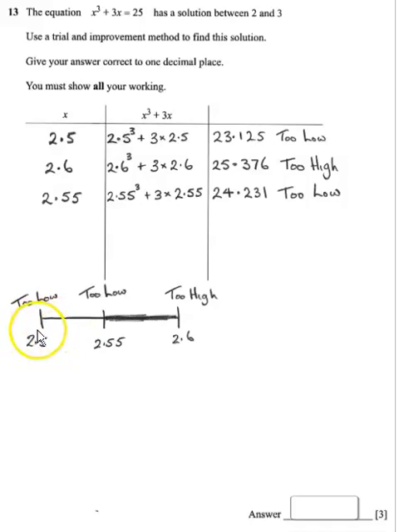Now I've drawn a little line here with 2.5 and 2.6 at each end and 2.55 in the middle. So we can see that this is too low and this is also too low, so the actual answer is closer to 2.6. So 2.6 would be the answer for this one.